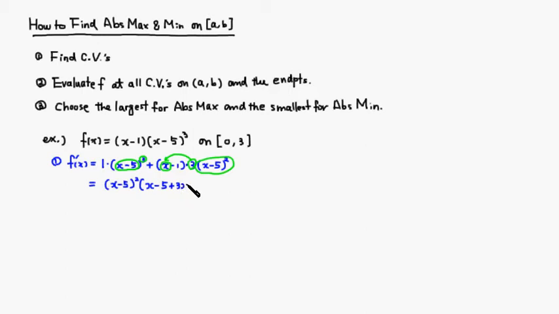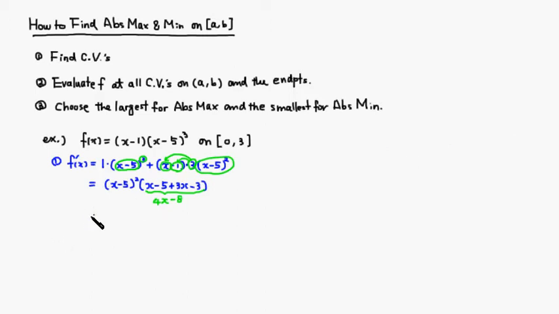Also 3 distributed to negative 1, so there's going to be negative 3 there. So I took care of everything and I clean up a bit, and you can see that this is going to be a 4x minus 8, so maybe I should write that down. So this right here is 4x minus 8, and both of them have 4 in it, so I'm going to pull 4 out as well.